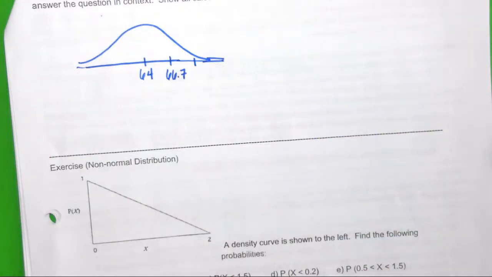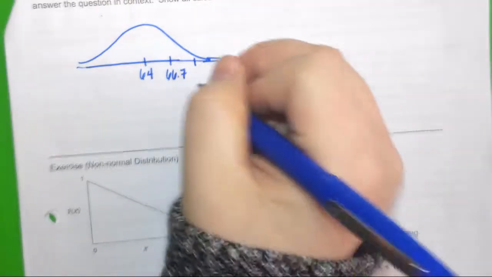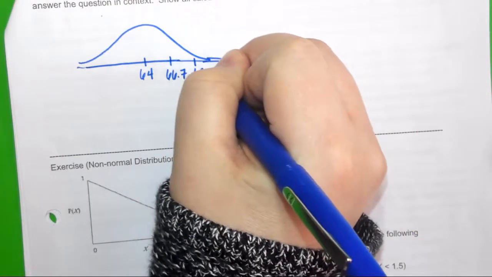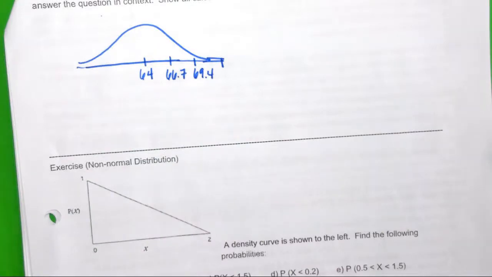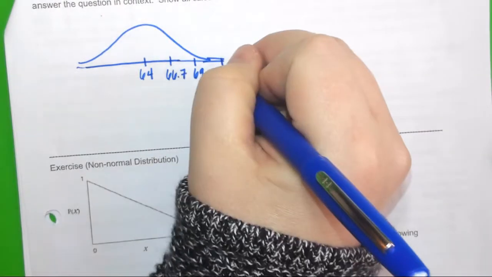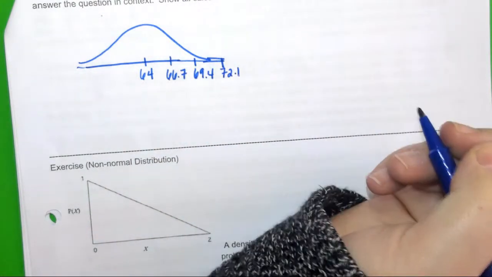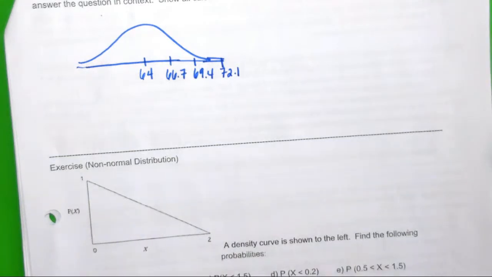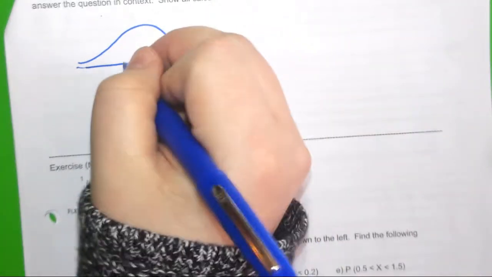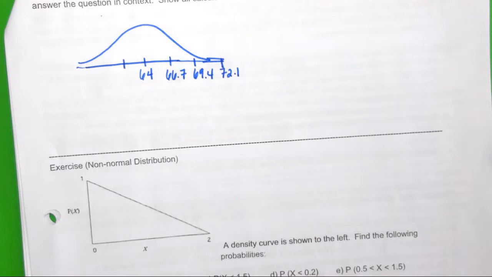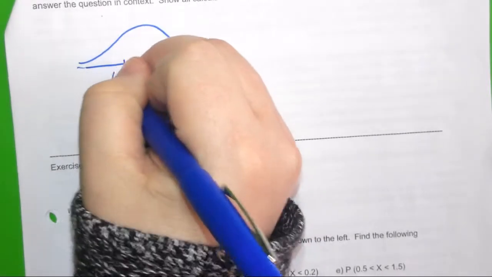Two would be 69.4. Three would be 72.1. And if you wanted to list it out like this, you could, and I could go the other way as well. I could subtract 2.7 from our mean of 64, so 61.3, and I could keep going.